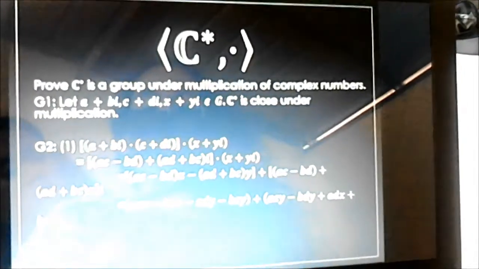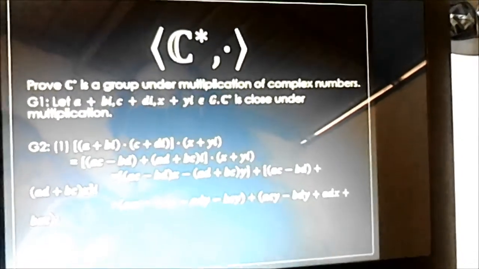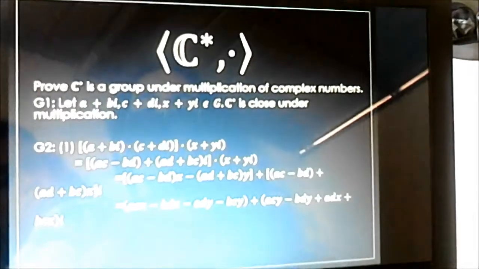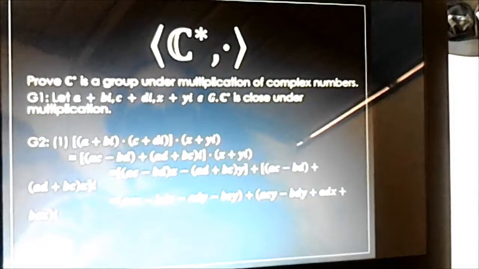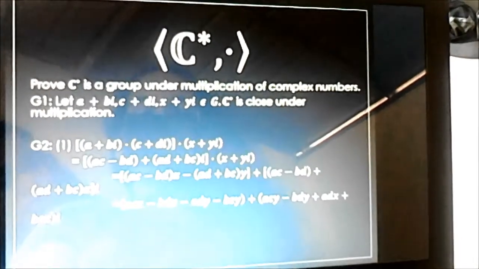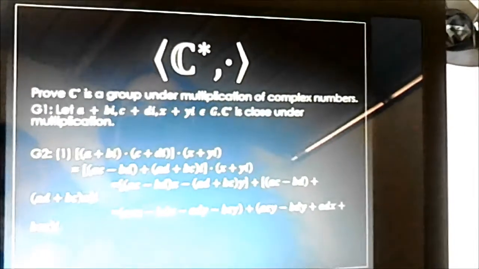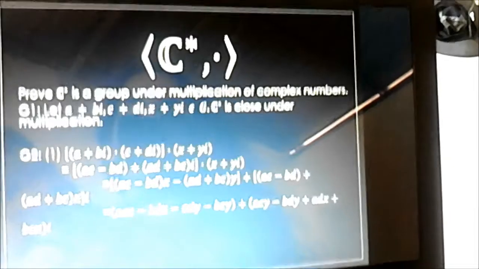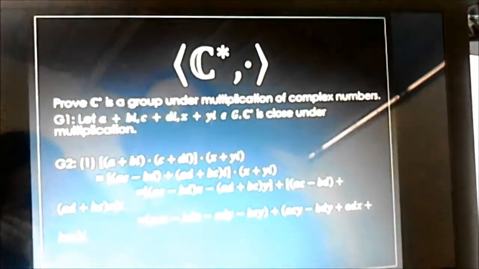Let us consider that i squared is equal to -1. That's why we have ac minus bd: when bi and di are multiplied, they give us negative bd. And that is simplifying the complex numbers. We have ac minus bd, factor out x, and ad plus bc, factor out y.